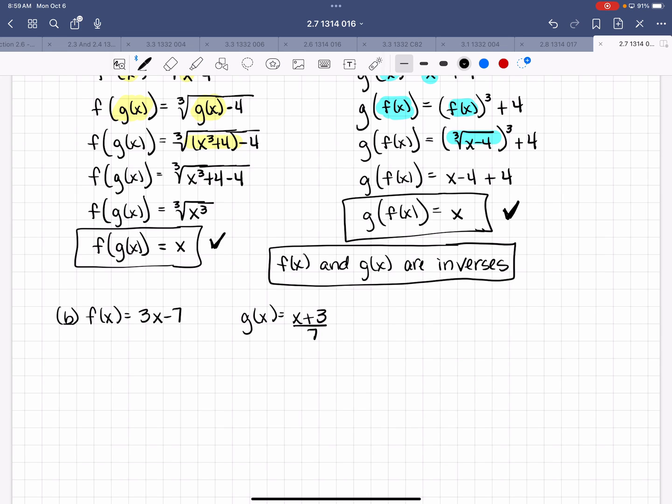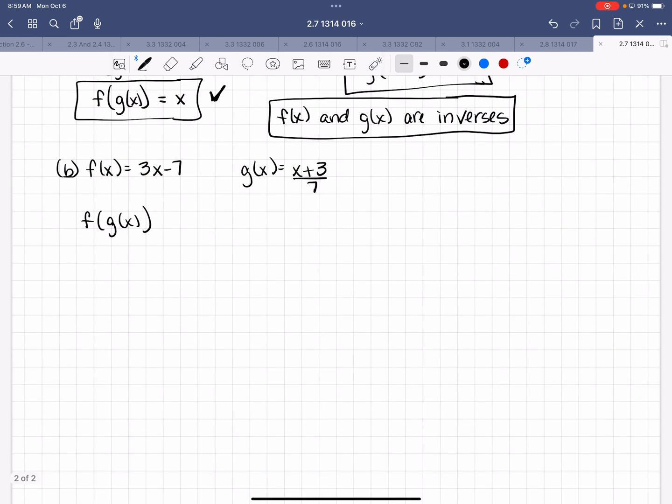Okay, so we start out just like we did. We want to find f of g of x to start with. Okay? All right. So what does f of x equal?